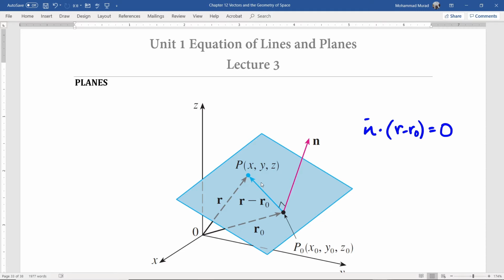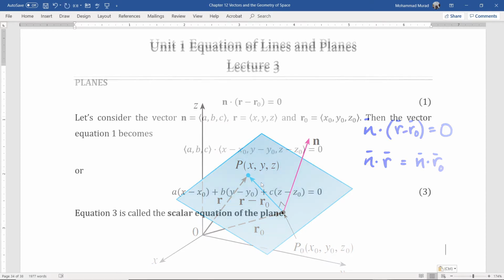This equation can also be written as n dot r equals n dot r sub 0 by using the distributive property of the dot product. Either the first or the second equation is called a vector equation of the plane.